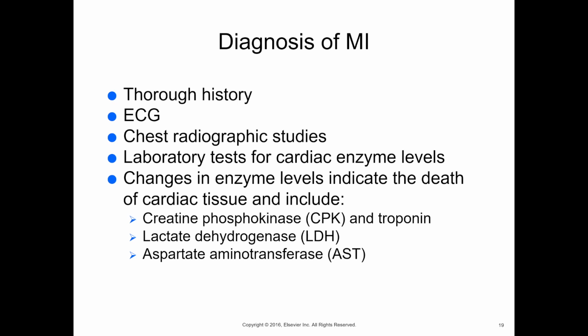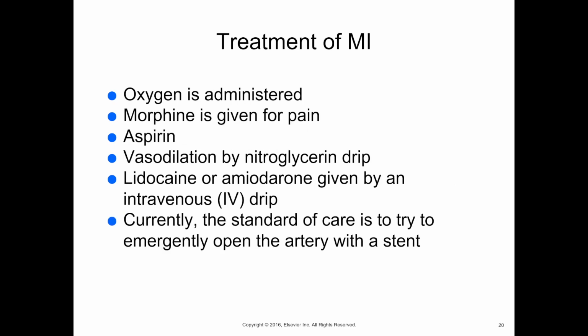Each of these tests, specifically the troponin and lactate dehydrogenase, there are isozymes, meaning these are actually kind of families of enzymes, and you're going to be looking at very specific versions of them to differentiate out heart muscle from something like liver damage or skeletal muscle damage.